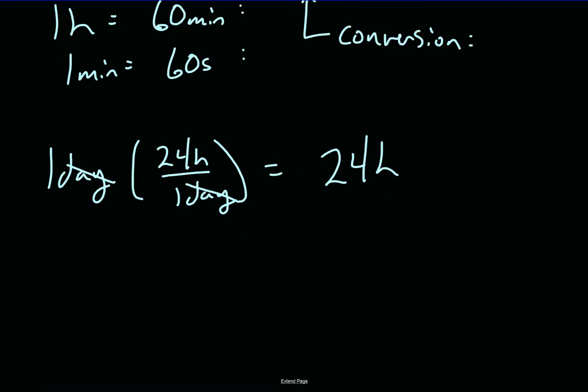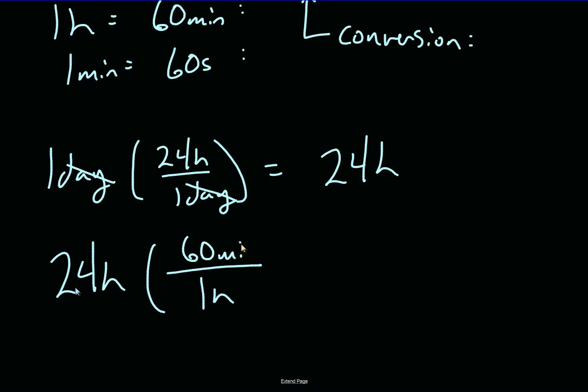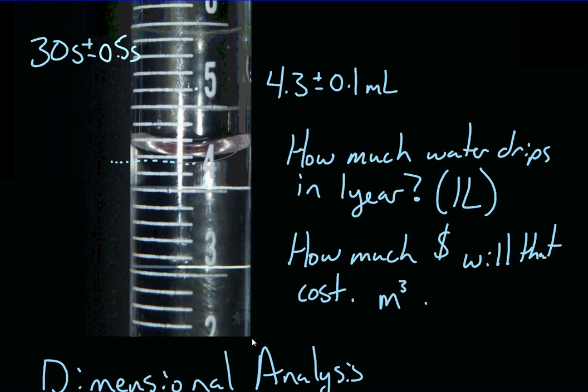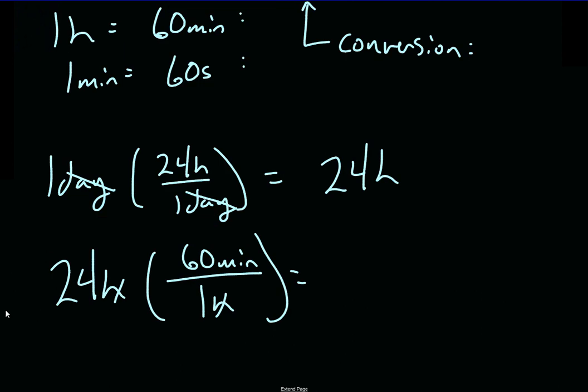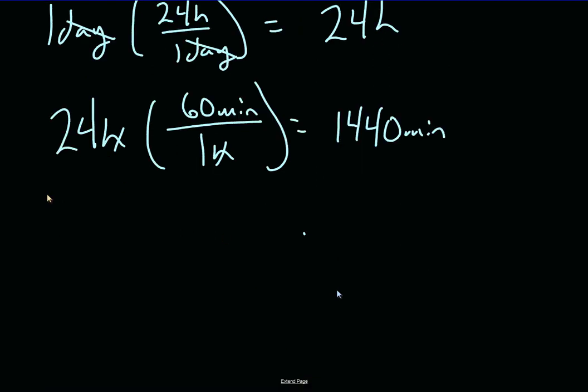Then the next step is let's get 24 hours into the next unit down. In 1 hour, there's 60 minutes. So go through that. This works out to be 1,440 minutes. Some of you probably already know there's 3,600 seconds in an hour, but we're going this route.